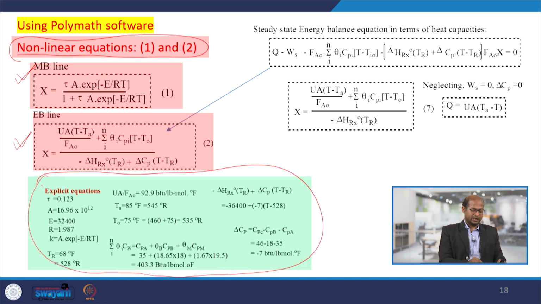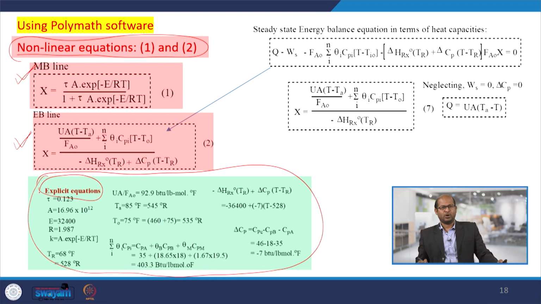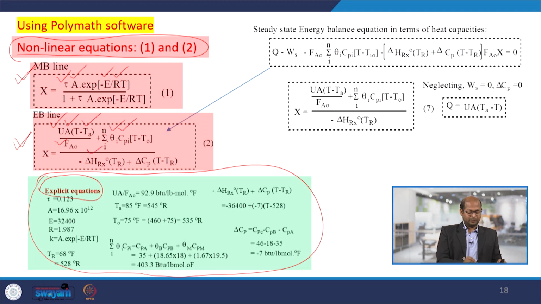These parameters are called explicit equations or parameters, like tau, A, activation energy, R, U, A, Fa naught, Ta, theta I, Cpi, heat of reaction, delta Cp, and Tr, the reference temperature. These explicit components should be known.